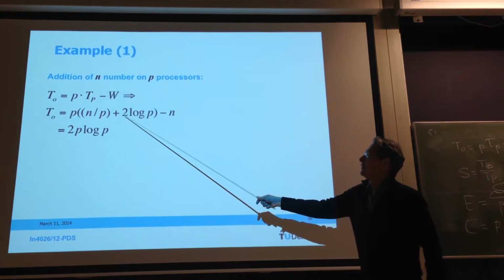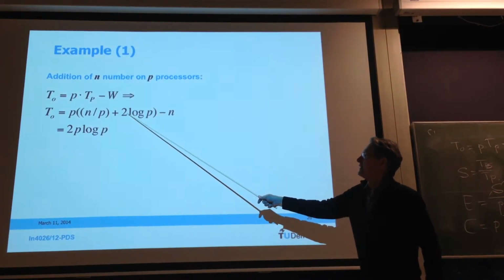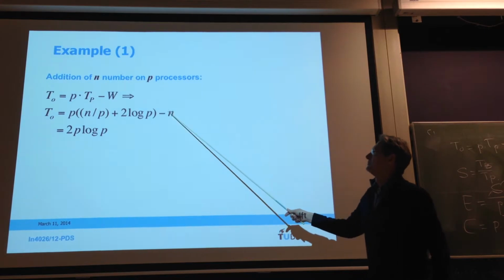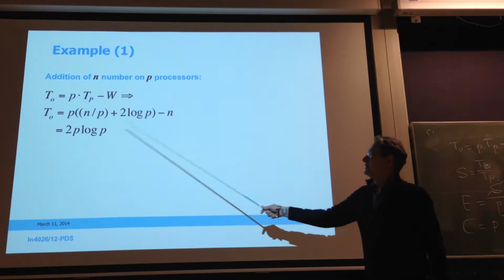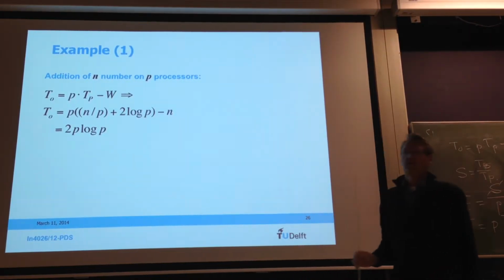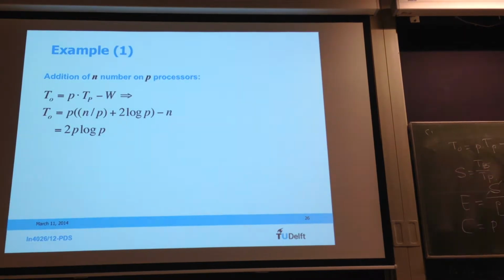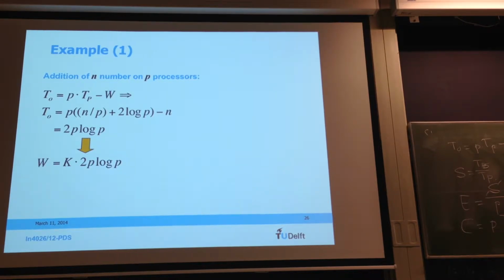The overhead in this case was given by this minus W, and there again I substitute N instead of N minus 1 to make the equation a little bit simpler. And it turns out here that the overhead is equal to P log P. So our function boils down to W is K times 2P log P.